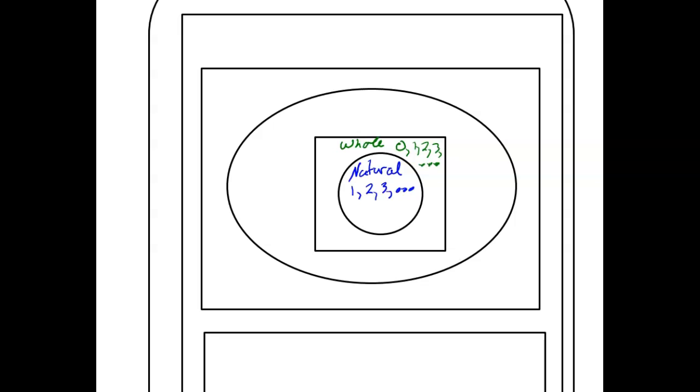Then as time goes on, we want to also be able to track things like, hey, it's 10 degrees above 0, it's 10 degrees below 0. So we add this new thing in, and we call these the integers.